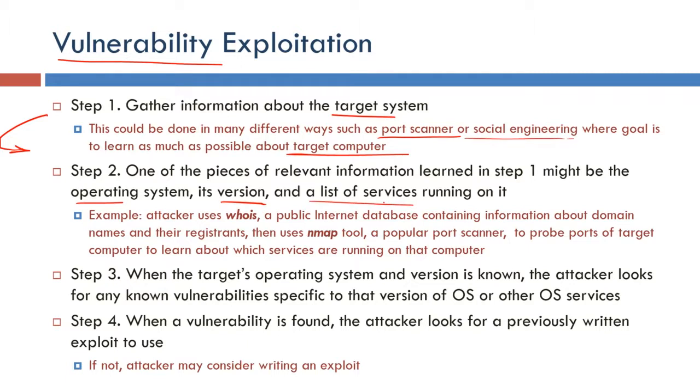If you have the operating system, it's very easy to look it up and see which vulnerabilities were discovered on it. If it has vulnerabilities, there is a chance that this computer might not be patched or fixed for them. So you try to attack that computer through the known vulnerabilities for that operating system.